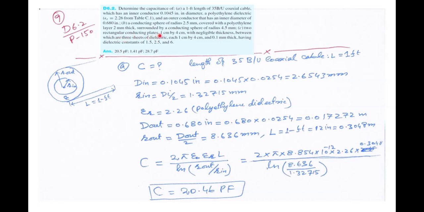We are asked to find the capacitance of two conducting plates of area 1 centimeter by 4 centimeter with negligible thickness, between which are three sheets of dielectric, each of area 1 centimeter by 4 centimeter. The thickness of each layer is 0.1 millimeter, and having dielectric constants of 1.5, 2.5, and 6 respectively.